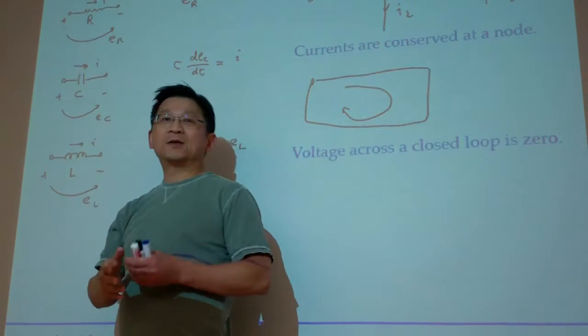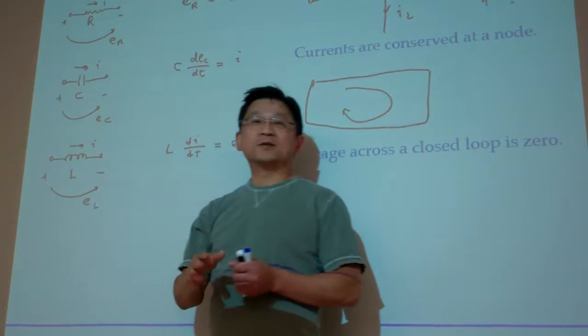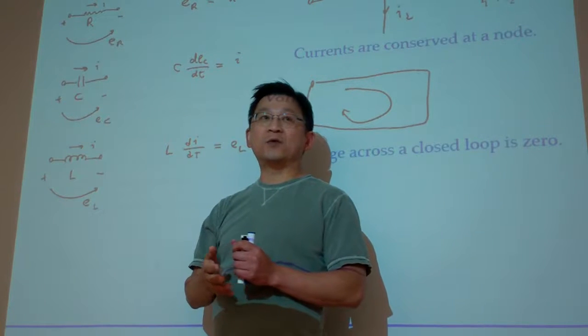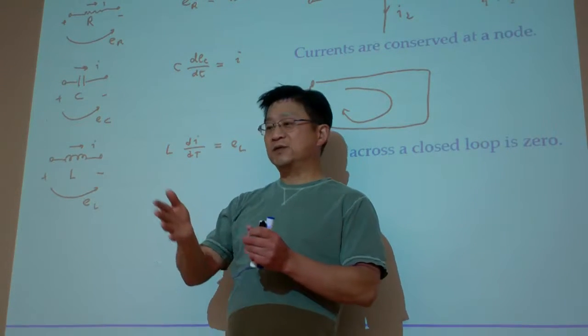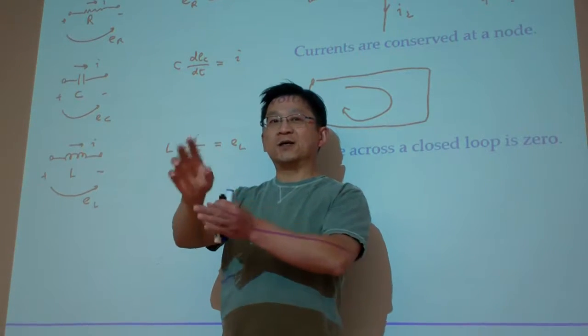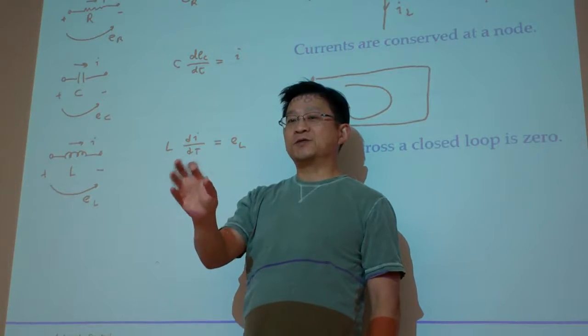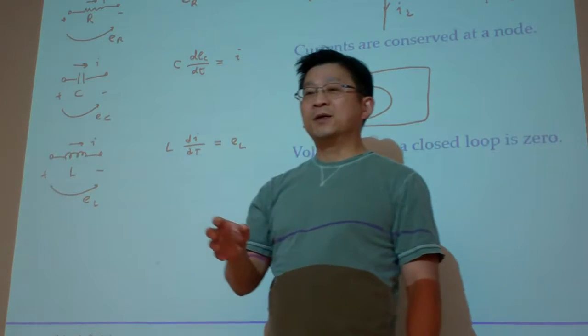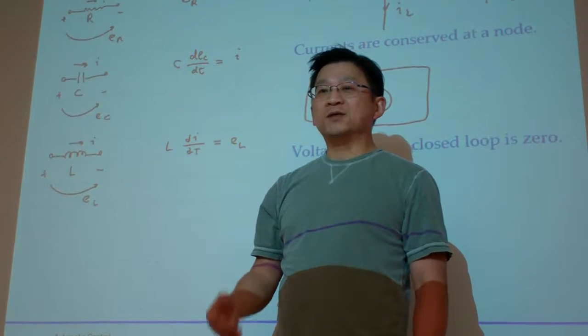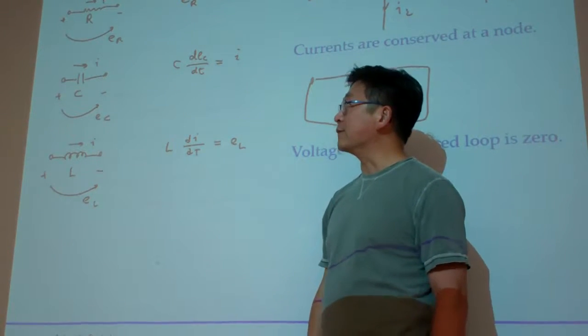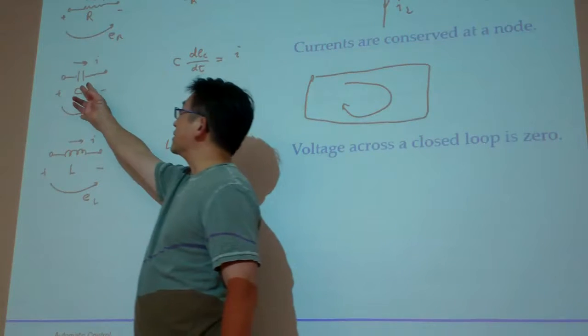If you have disassembled capacitors, you basically see two plates, and in between there's either a space or they filled it with certain material to increase the capacitance.